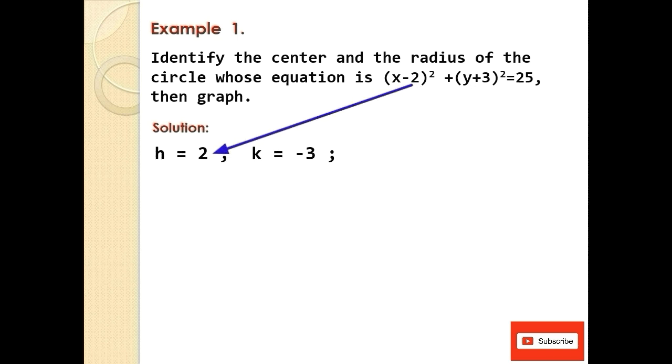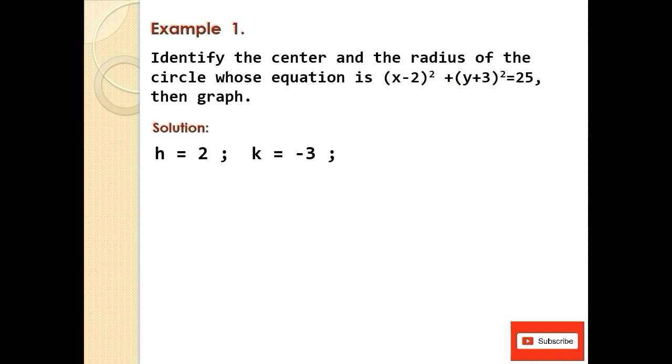So negative 2 becomes positive 2 and positive 3 becomes negative 3. Negative 2 in the equation means the value of our h is positive 2, and the value of positive 3 in the equation means the value of our k is negative 3.